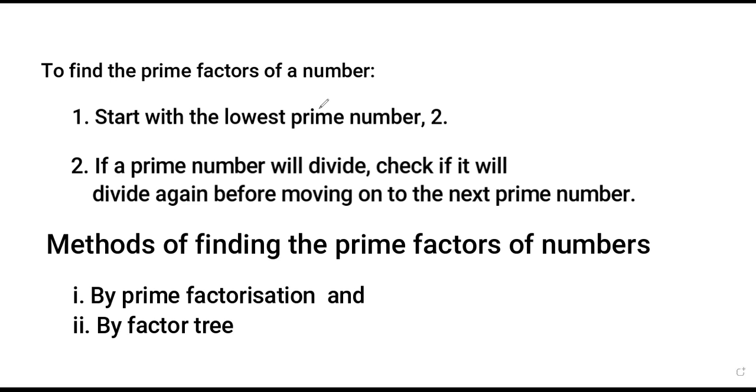Let's take a worked example to buttress these points. We are going to find the prime factors of the number 64. The first thing you are supposed to do is rule a line like this one, and then another one like this.